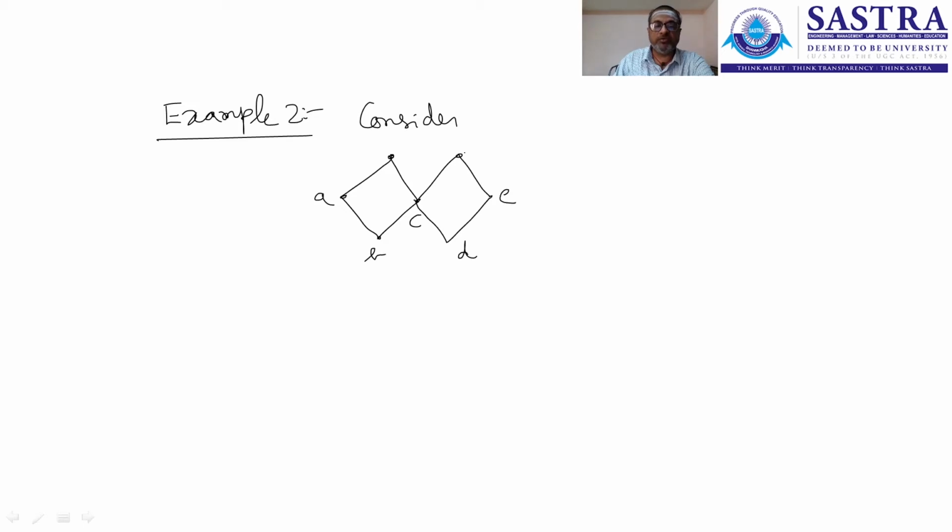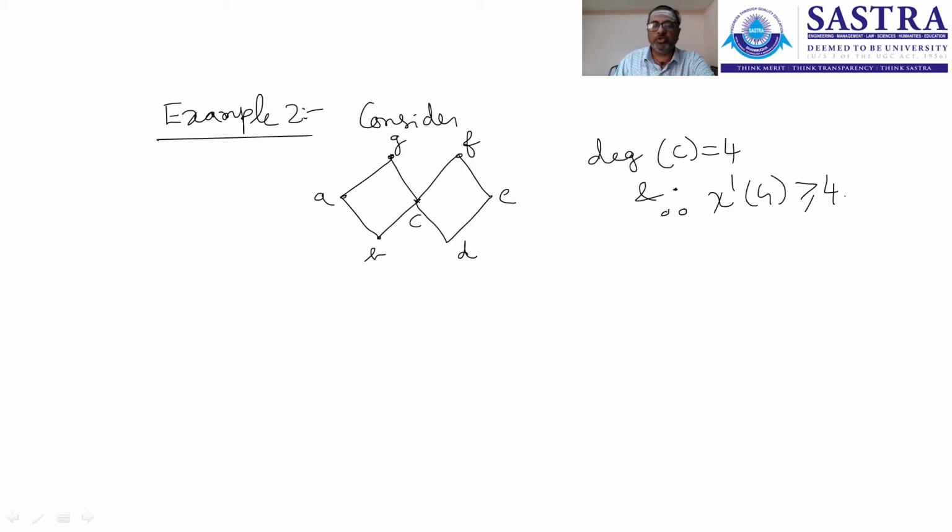You have A, B, C, D, E, F and G. Now if you look at this, degree of C is 4, and therefore chi dash of G would be greater than or equal to 4. I have chosen vertex C because that has the maximum degree.